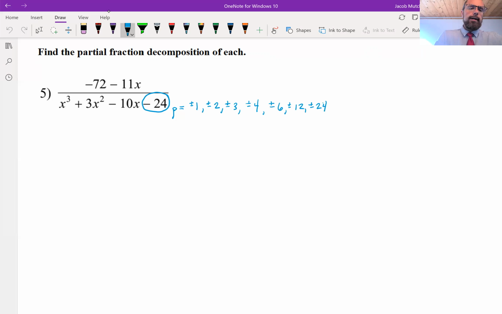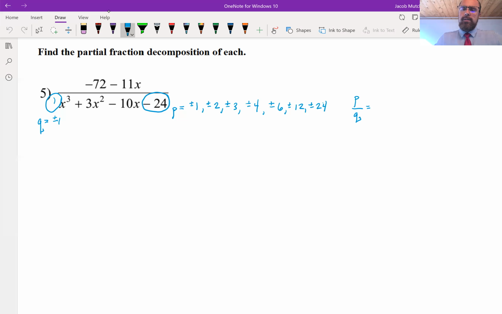My q values are not so numerous. I just have a 1 coefficient out front. My leading coefficient's 1. So there's not a whole lot of variety here. Q is either positive or negative 1. So when I list out my possible roots, p divided by q, it really is this list of p values because q is just 1.